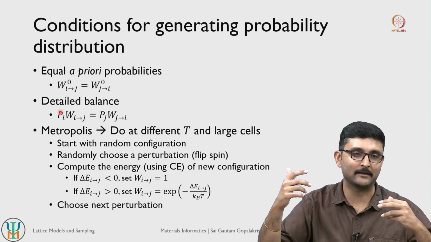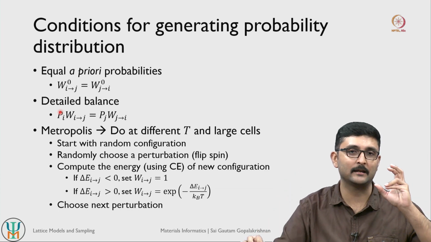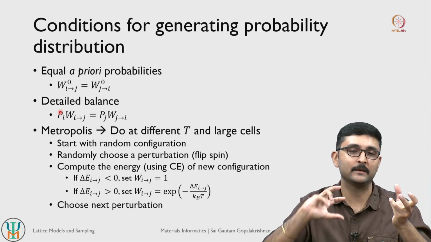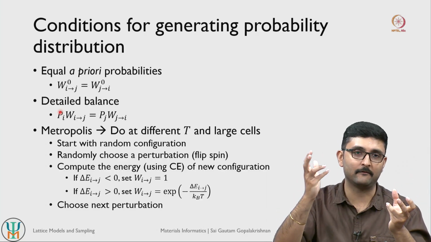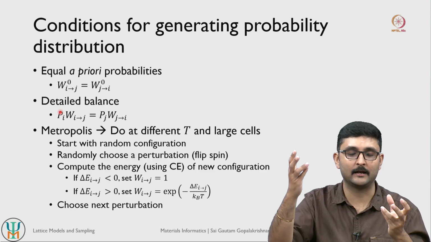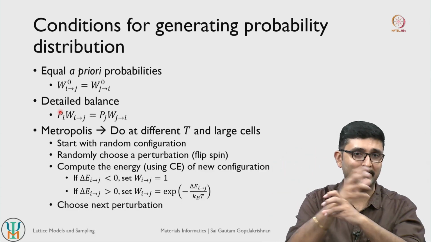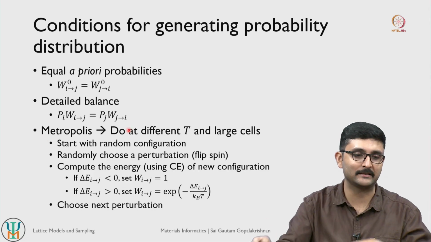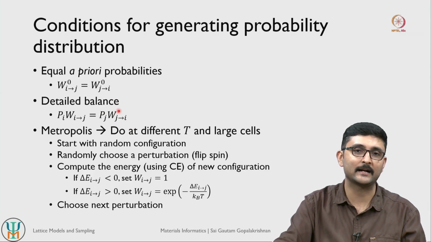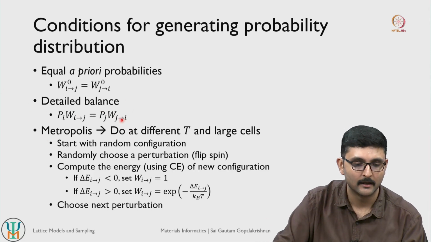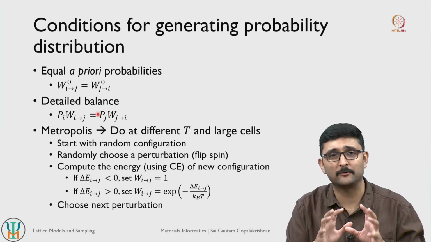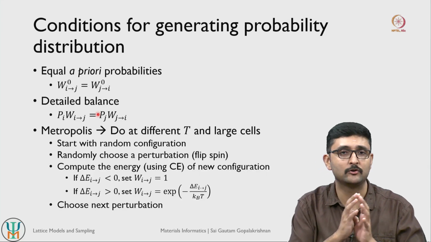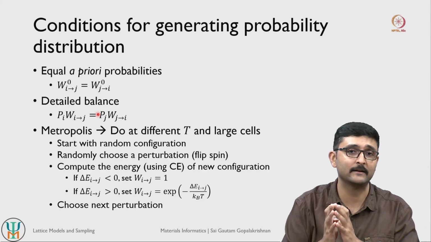The way we actually calculate it is, P_i has a probability associated with the exponent of the energy of that microstate, P_j has a value of exponent of negative E_j, and we take the difference between the two. If you divide P_j by P_i, we get 1 here and e to the power negative ΔE here. So, put very simply, if you use the Metropolis sampling technique, you will trivially satisfy detailed balance.